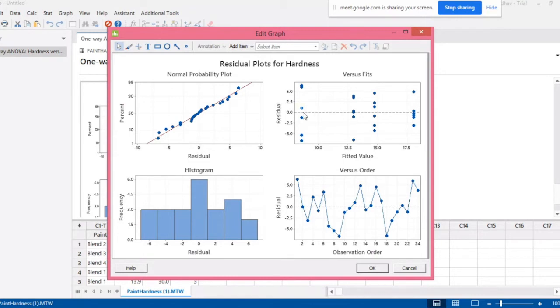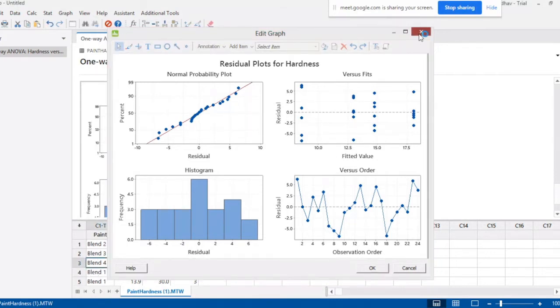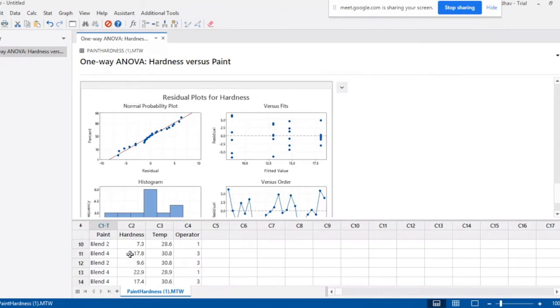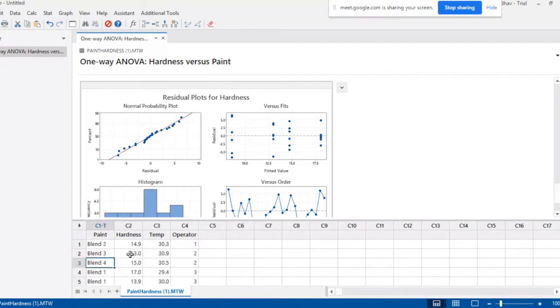Fitted values are the means for the hardness, na? So these are the means. This is the fitted value. Yeah. Okay.